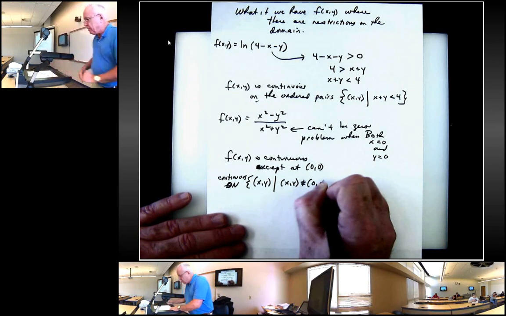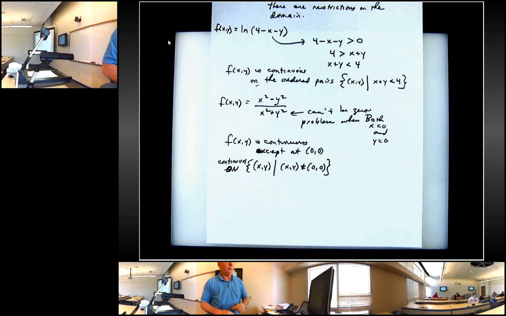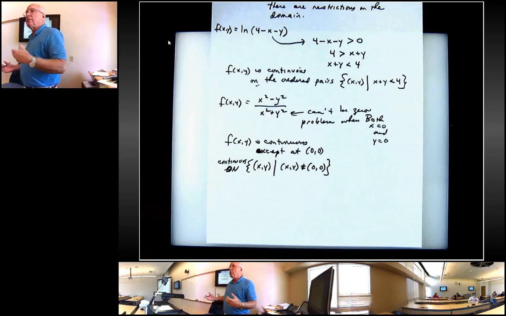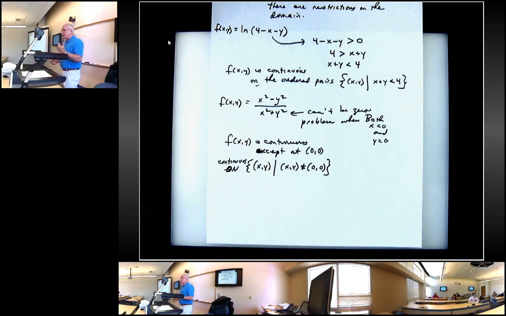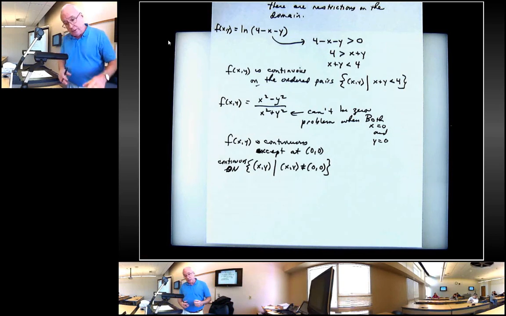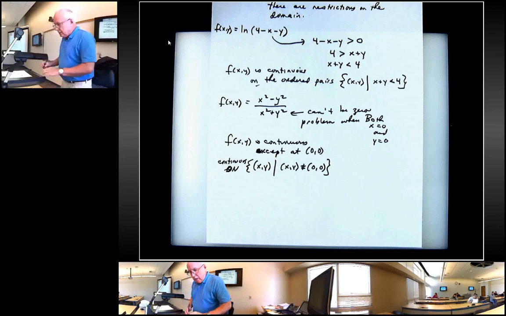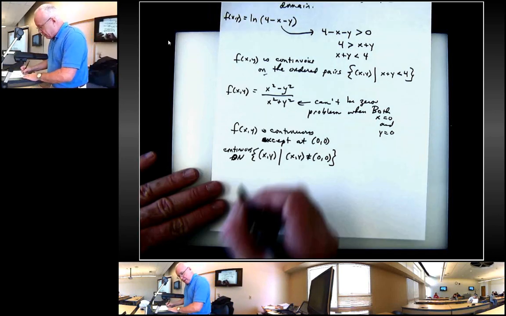All right, another way of putting it. So if you have homework questions that are asking you where is this function continuous, and you have limitations like a denominator or ln, then you want to exclude those places where we don't have the function defined for where it's continuous. One last example here where we have a radical.